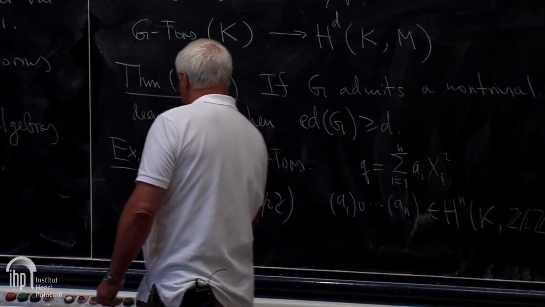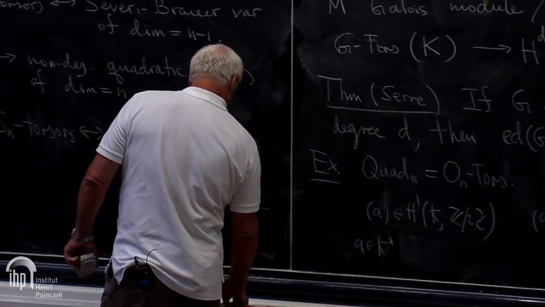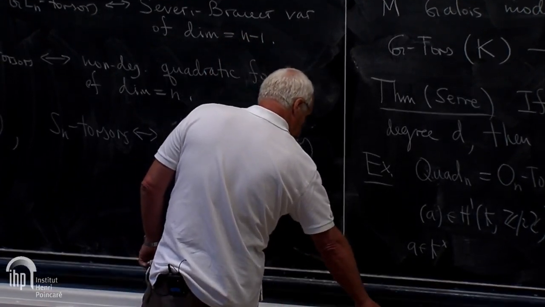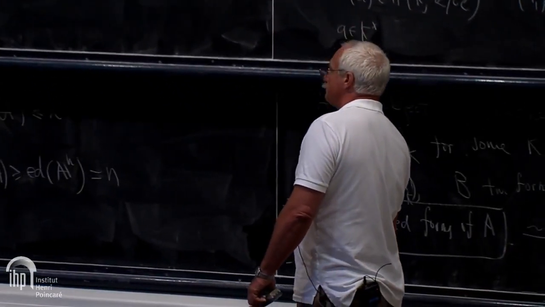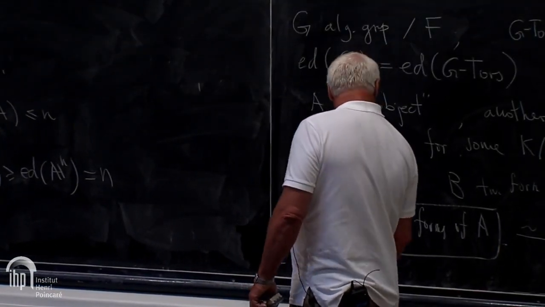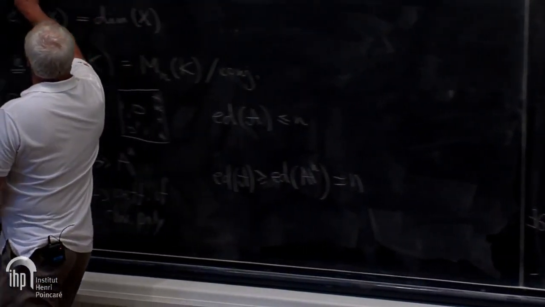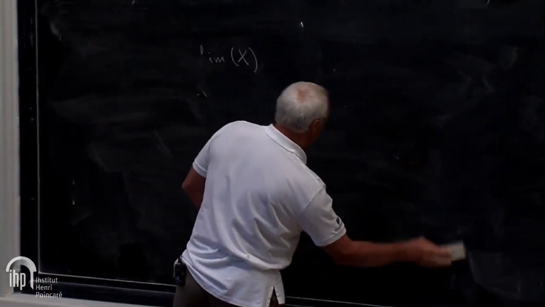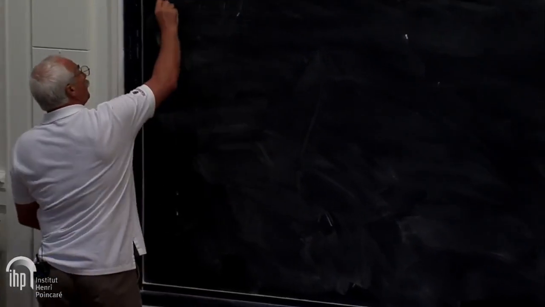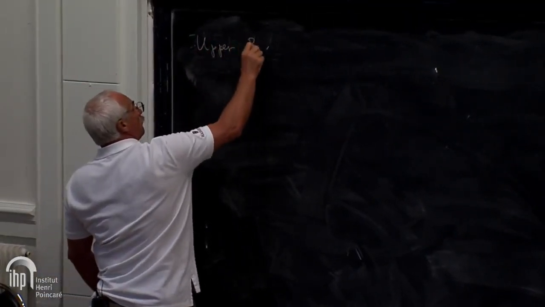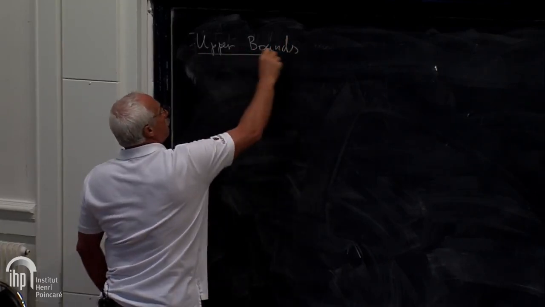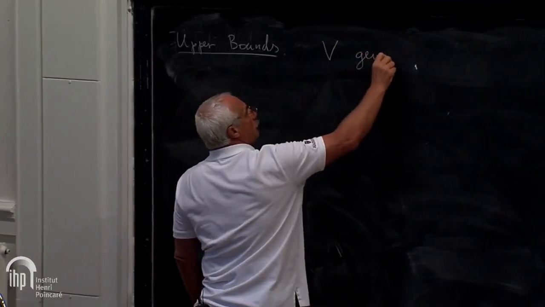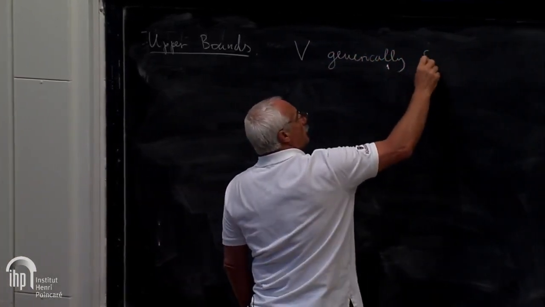What about the other bounds, the upper bounds? Well, let V be a generically free G representation.